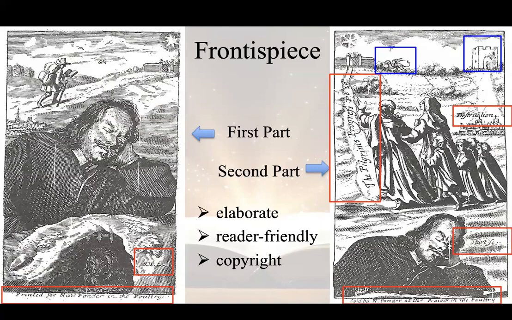One interesting thing here is the proportion between the portrait of John Bunyan and the characters. In the first picture, Bunyan is considerably large compared with the lonely figure of Christian, and in the second part, the portrait becomes smaller and the six figures come to be the major parts of the frontispiece.